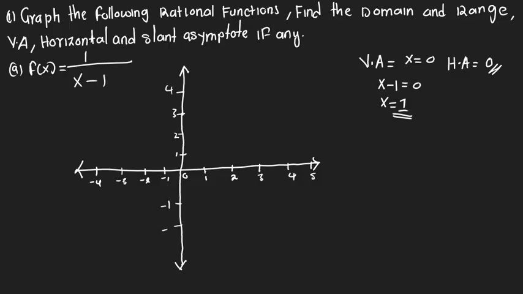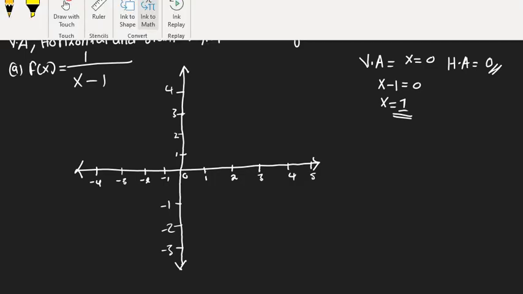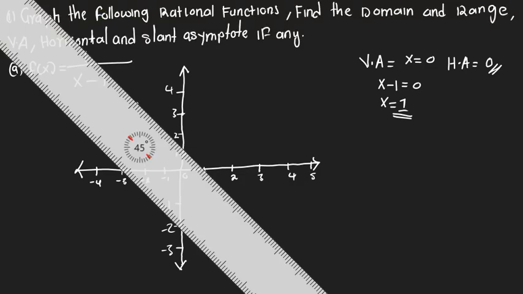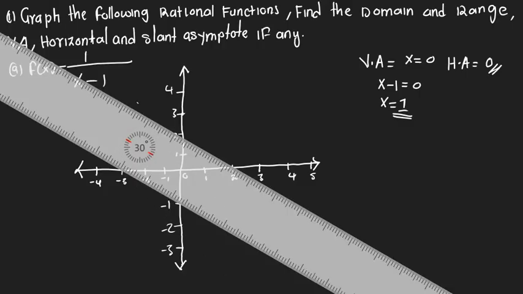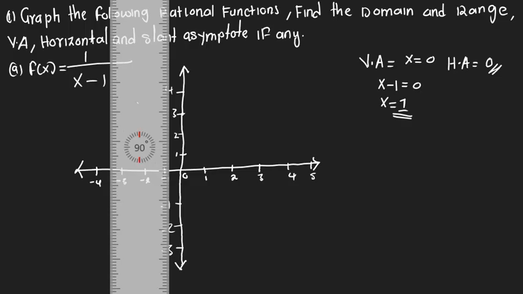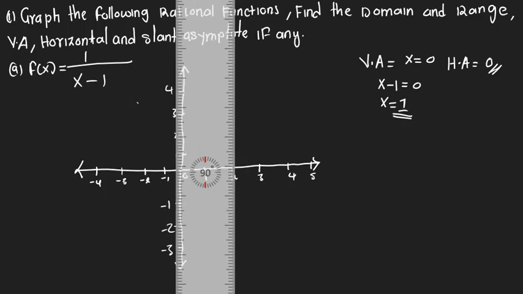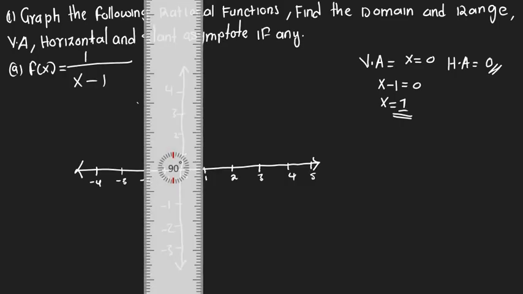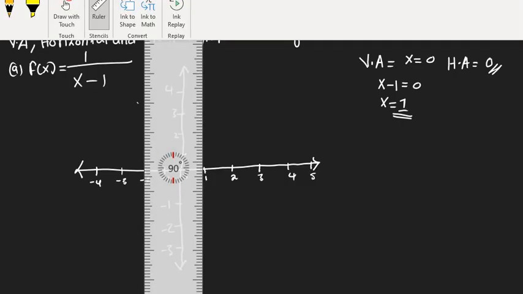Neg 1, neg 2, neg 3. I'm going to sketch my horizontal asymptote. So I'm going to bring in my ruler. So let me sketch my vertical asymptote. Is here. So my vertical asymptote is here.